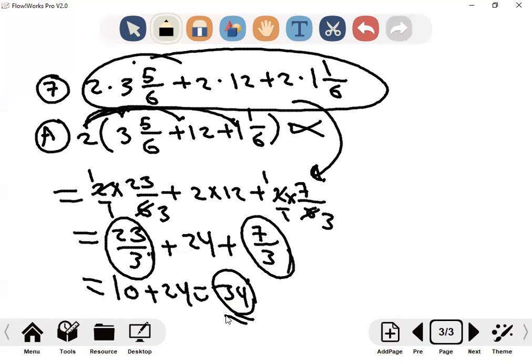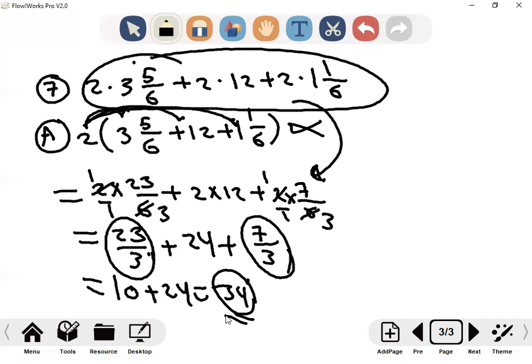Now let's go back a little bit. See part B. Part B, 2 multiply 5, 10 plus 12. It is not 34. It means they are not equivalent. So part B, we select it because they want the expressions that are not equivalent.